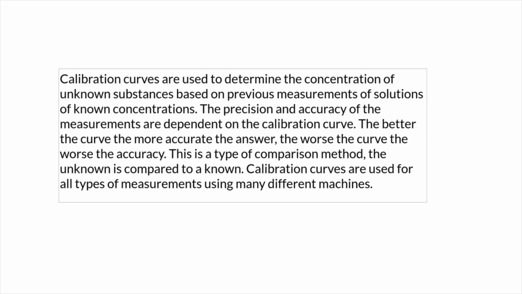So for example, if I make it more concentrated by adding more solute, dissolving more substance into it, the density goes up. Potentially its electrical conductivity goes up. Its color might get darker. It might transmit more light. And so I can have a measured value that corresponds to the concentration, and I can use those measured values to predict unknown values.